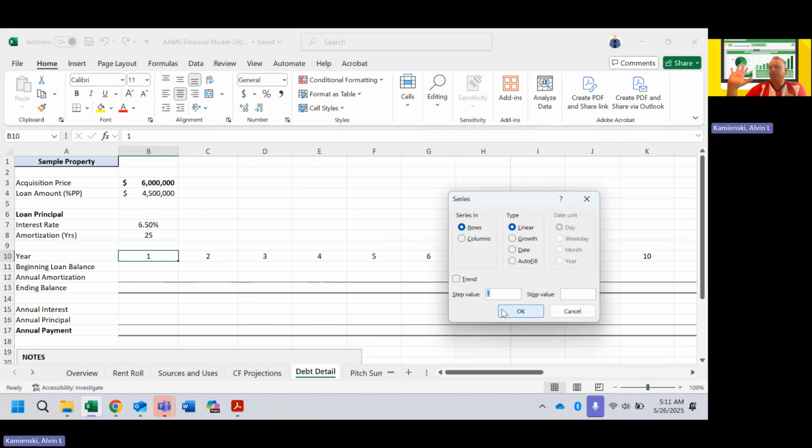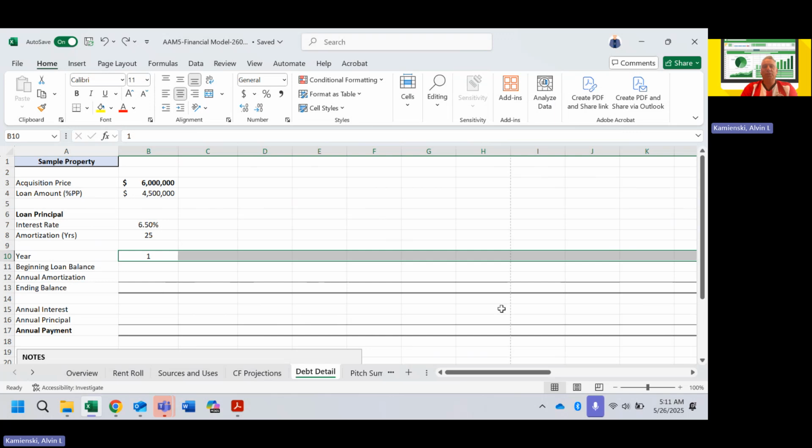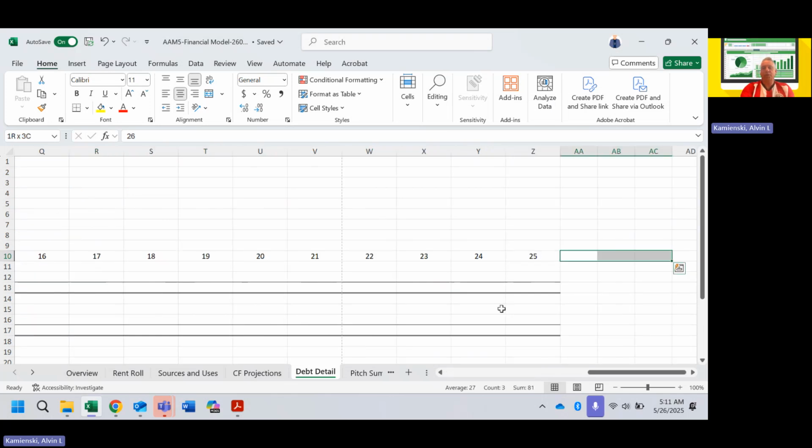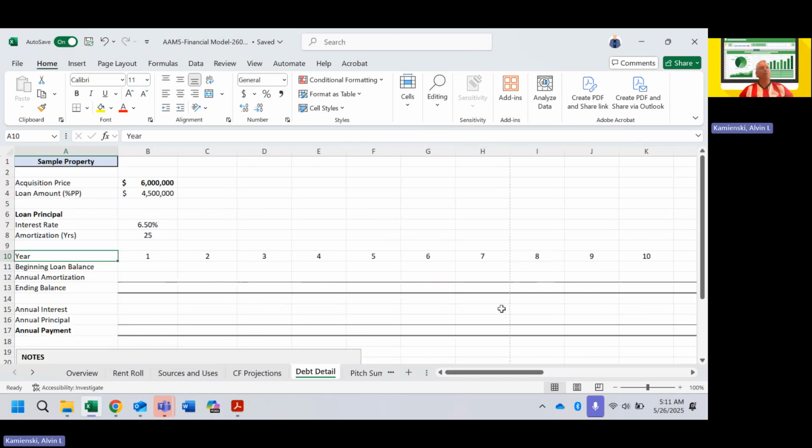Fill series, and then just the defaults by 1. Oh, and now Siri is doing things because I said fill series. Or for those of you who like this stuff, Alt HFIS enter. And then I only need through 25. So all that did, so I don't have to do 1, 2, 3, 4, 5.